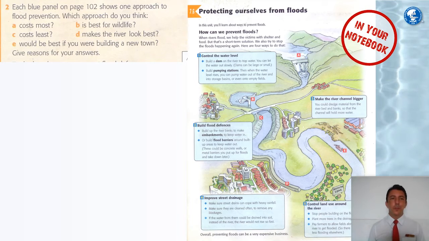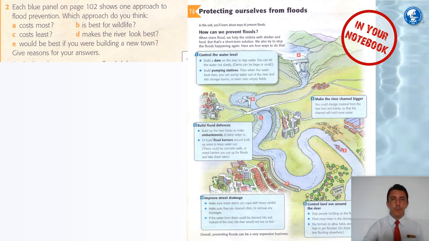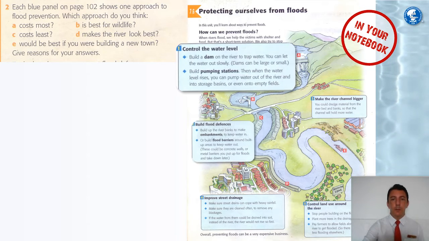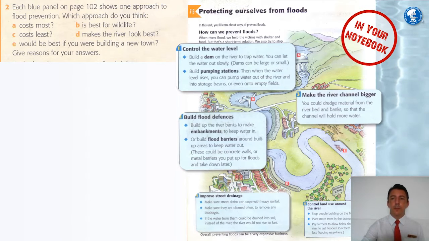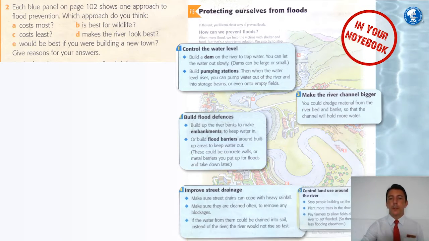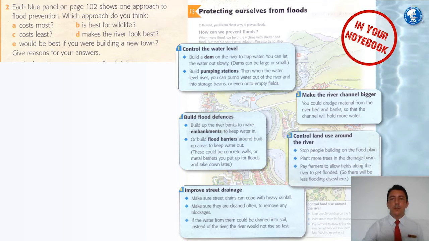Okay, let's look at question 2. Each blue panel on page 102 shows one approach to flood prevention. So we have controlling the water level, building flood defenses, making the river channel bigger, improving street drainage, and controlling land use around the river.